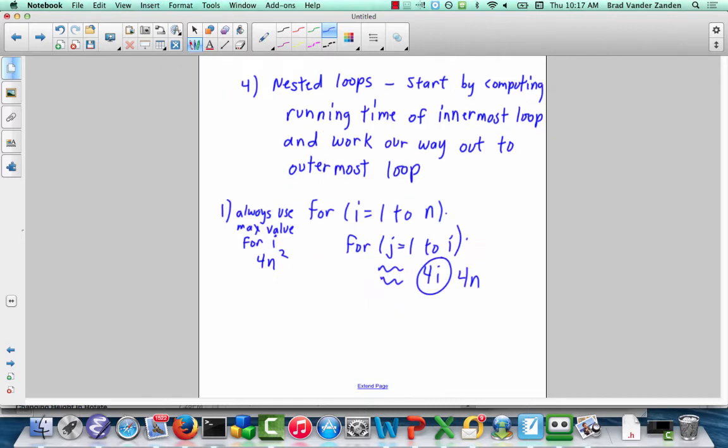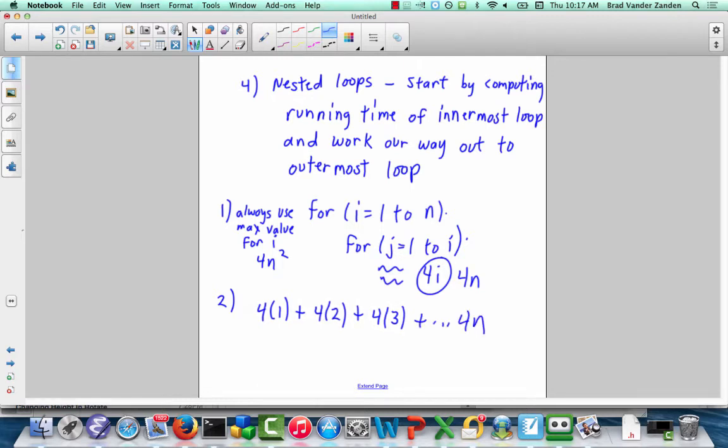So we could also realize that the first time through, it is 4 times 1, plus 4 times 2 for the second one, plus 4 times 3, plus ... plus 4 times n.